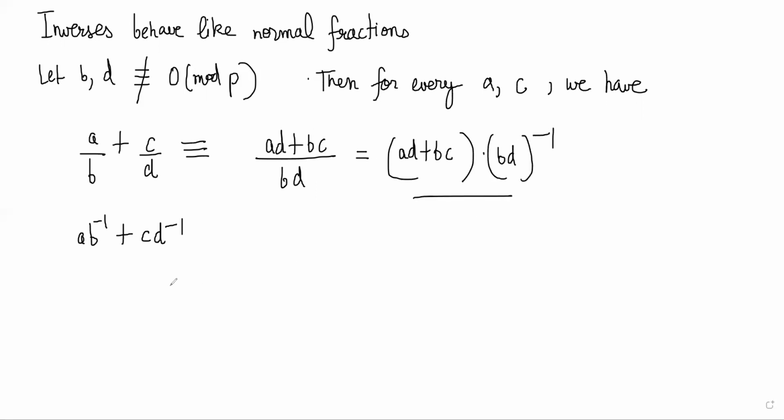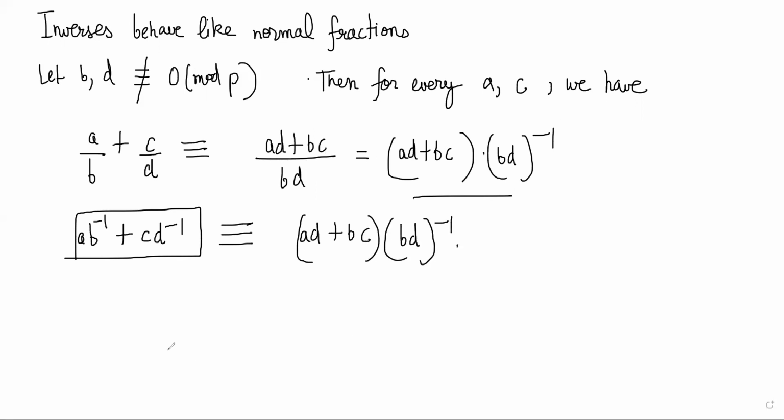So a b inverse plus c d inverse is equal to (ad plus bc) multiplied by bd inverse, which you can prove easily by taking it inside: ad into bd inverse plus bc into bd inverse, so we cancel d and b. There's a bracket here, right? Correct.